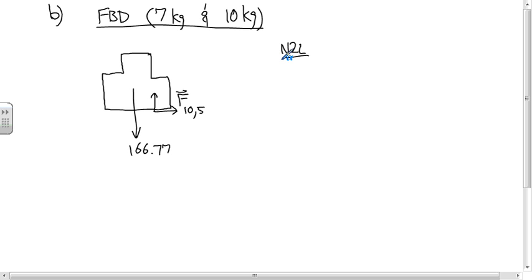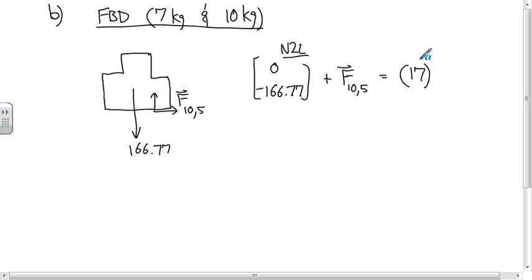Newton's second law says 0, negative 166.77 plus F 10,5 is equal to the mass, 17, times the acceleration, 0, positive 0.8.